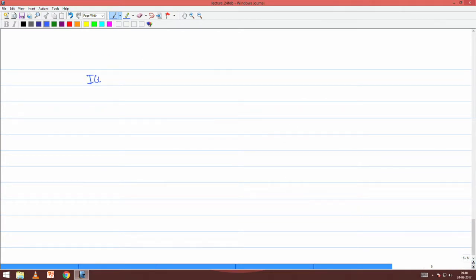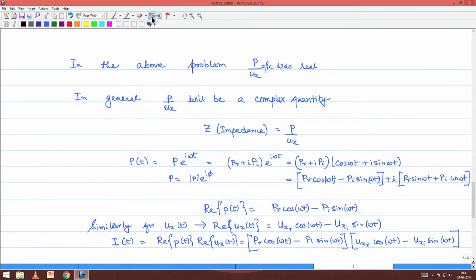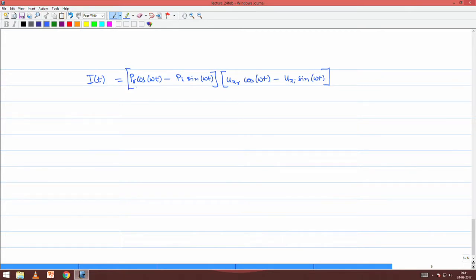So, instantaneous intensity is going to be this expression, which I will copy and paste. Yeah. So, this is the expression for the instantaneous intensity. Let us simplify this a bit further.